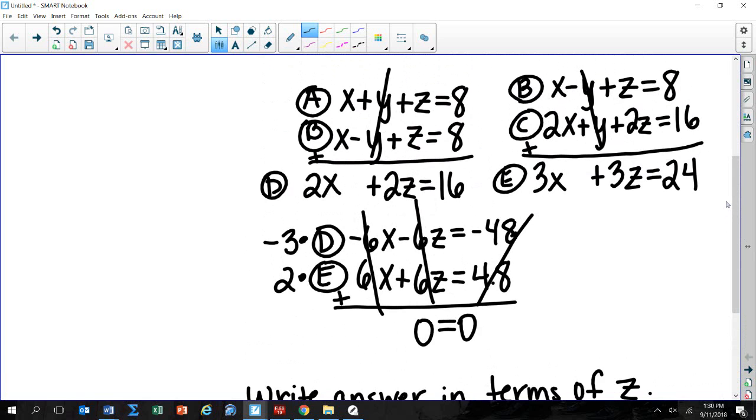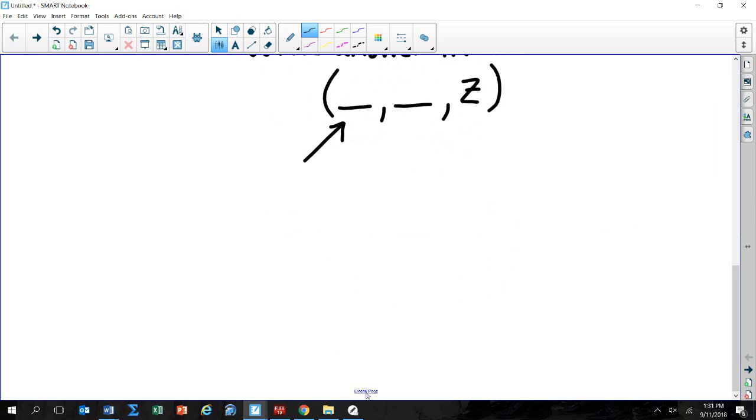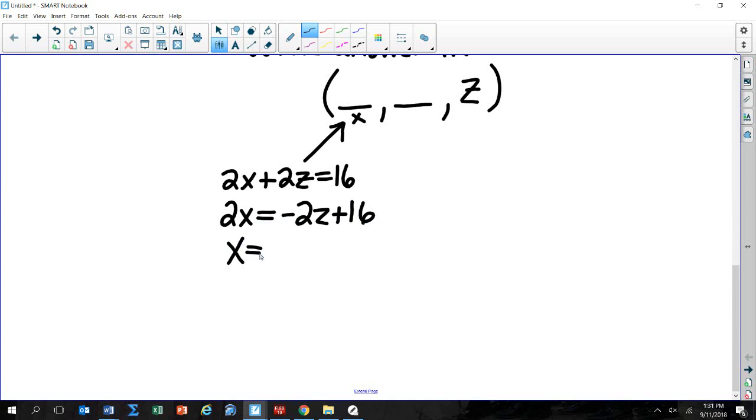Yeah, D. 2x plus 2z equals 16. Let's use that. I need to know what x equals. If I subtract 2z from both sides, I'll get 2x equals negative 2z plus 16. And then dividing everything by 2, negative 2z divided by 2 is negative z, and 16 divided by 2 is 8. I get that x is negative z plus 8.